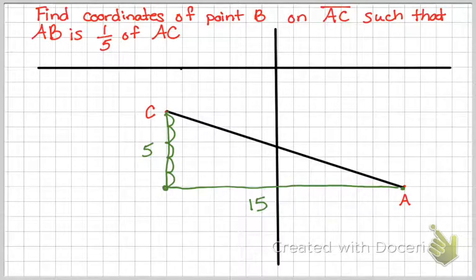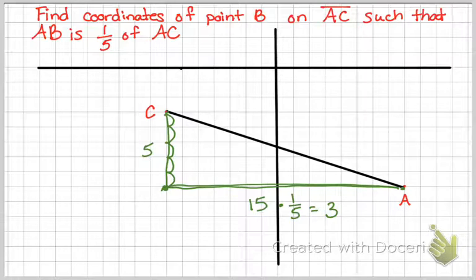So now I'm going to use that knowledge of 1/5 to help me find out the points for B. So I know that AC, the direction from AC from here all the way to here is 15. And I know that 1/5 of that, so 15 times 1/5 gets me 3. Okay.